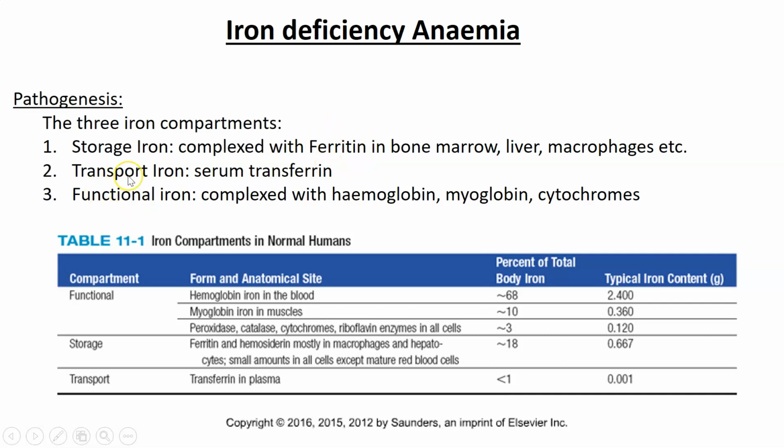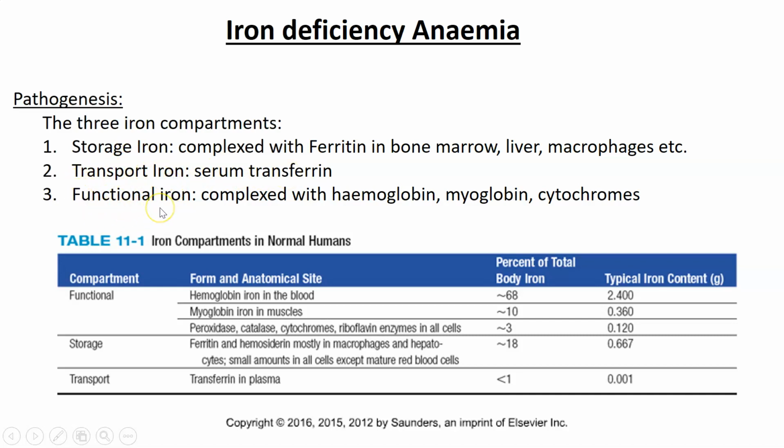Then there's transport iron. This is the protein that's complexed with iron once it enters the bloodstream, transferrin, which is also measured in your blood test if somebody suspects anemia. Ferritin is also measured in your blood test, as well as transferrin. So that's our storage iron and transport iron.